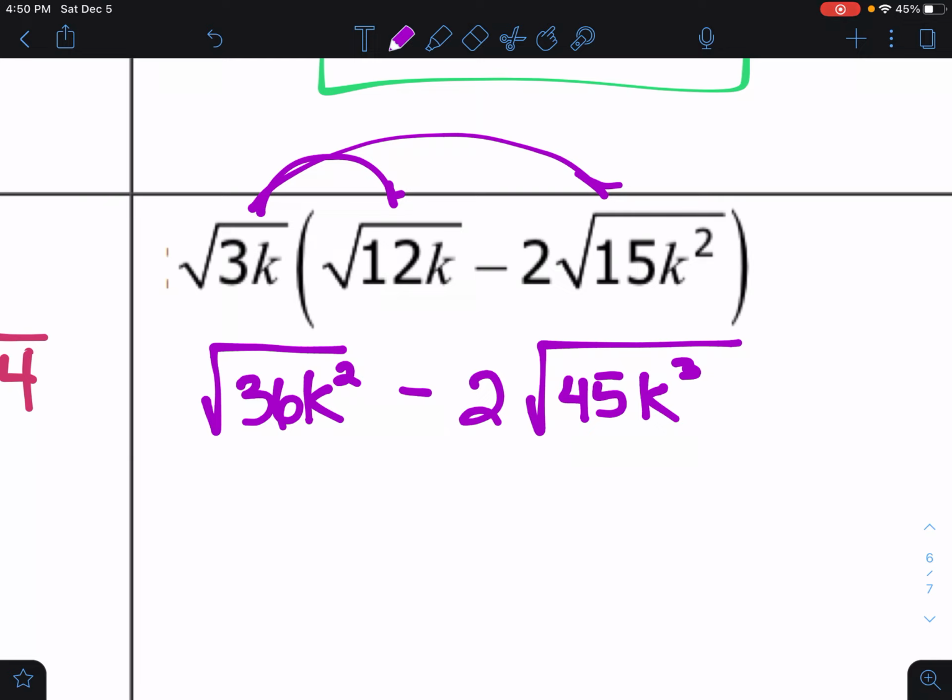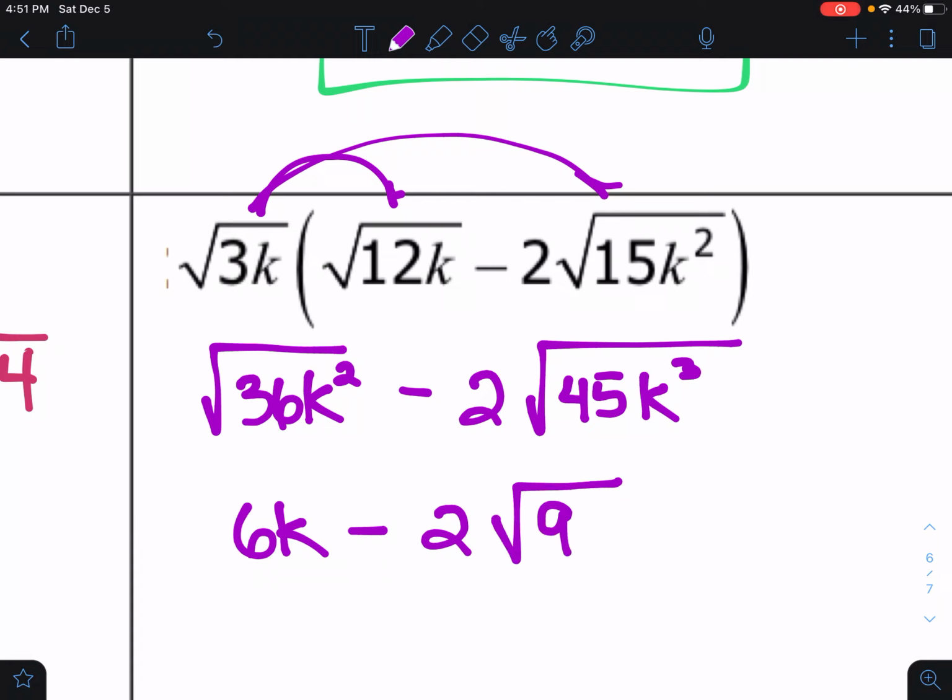Okay. Now, 36k squared. Now, square root of 36 is already a perfect number, so we don't even have to break that apart. K squared is also a perfect square, so that's just k. And then minus 2. I can break this apart. 45 is obviously not a perfect square.